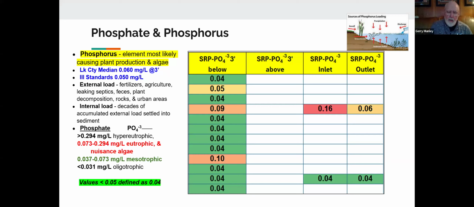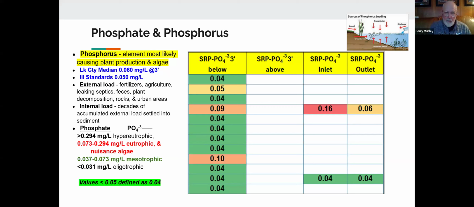For comparison, at St. Mary's, the phosphate readings at 3 feet were pretty similar, but at 11 feet, that's where they were almost always between 0.3 to 0.55 milligrams per liter. I want to quickly apologize to everyone for the 0.04s because our readings only went to 0.05, and then we would get these values of less than 0.05 milligrams per liter.